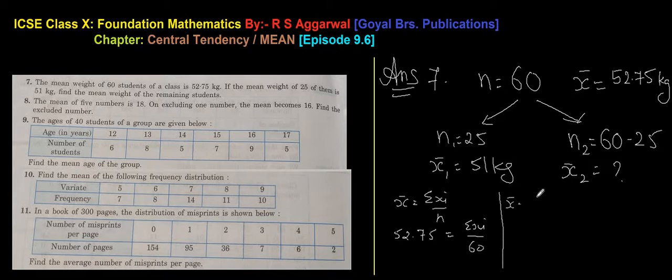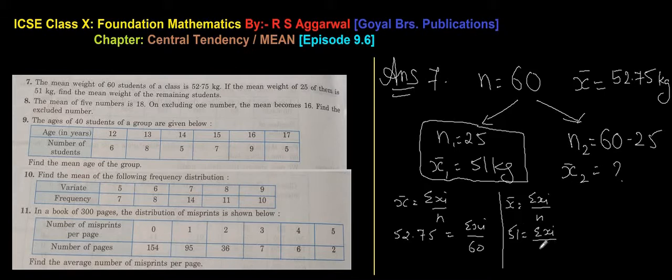Then we will do x bar is equal to sigma xi upon n for the first part, which is given as 51 kg, sigma xi first part upon 25 students.